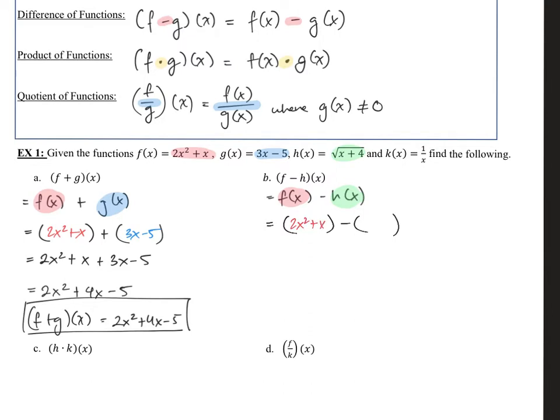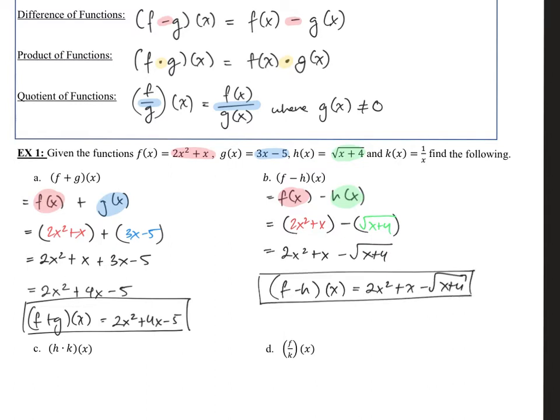H of x this time is that radical, square root of x plus 4. So now we have 2x squared plus x minus the square root of x plus 4. Looking at this, none of these terms can add. So we're left with f minus h of x equals 2x squared plus x minus the square root of x plus 4. That is the most we can do for simplifying it.